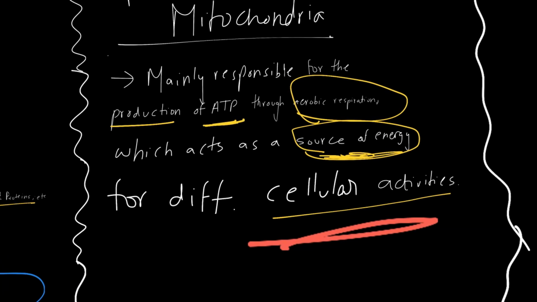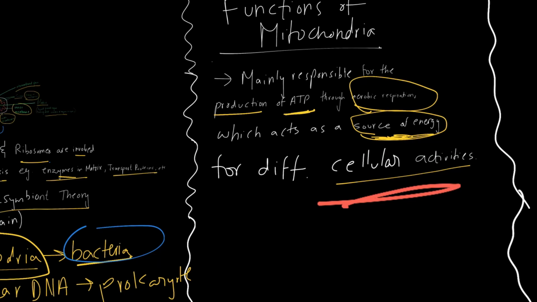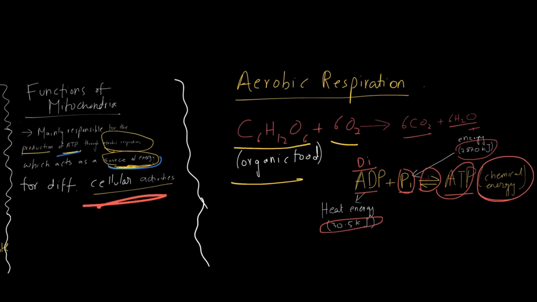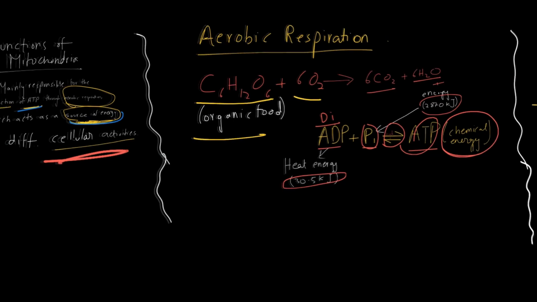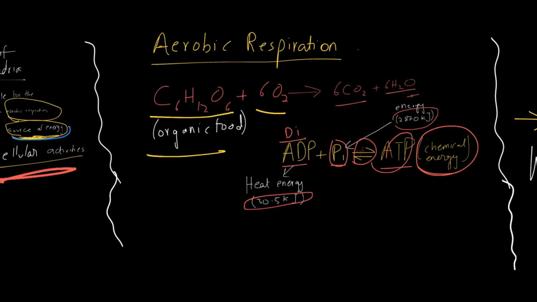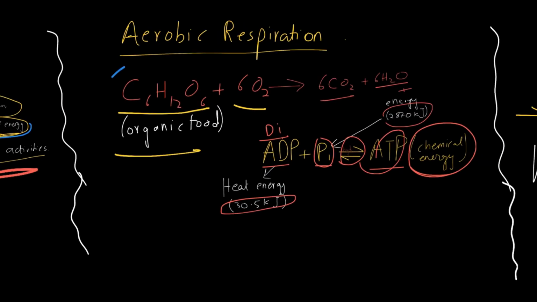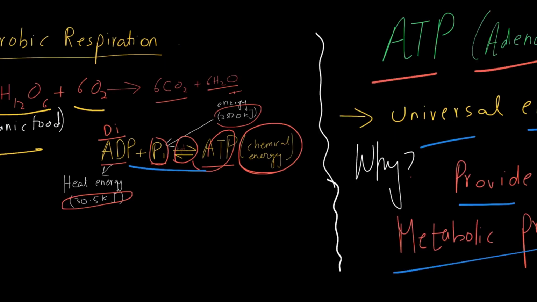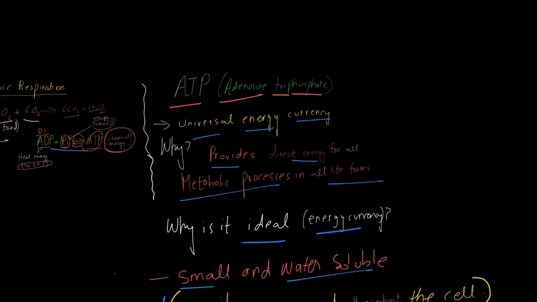The functions of mitochondria were discussed. The main function is the production of ATP through aerobic respiration. And ATP is the main source of energy for different cellular activities. We discussed aerobic respiration, the main formula of aerobic respiration, and how this ATP and ADP and pi conversion takes place.